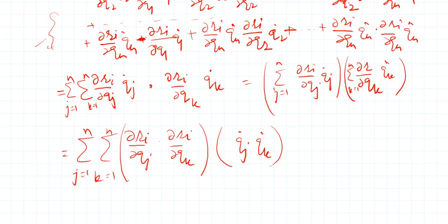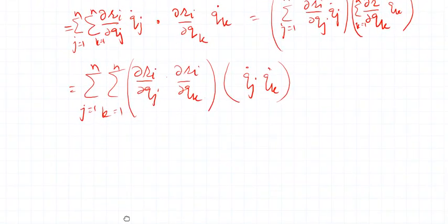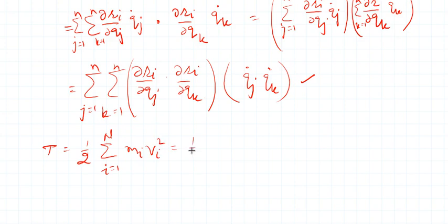Now let me write down the kinetic energy, because I have obtained Ri dot squared. Kinetic energy is equal to 1 by 2 times the summation over i from 1 to n of mi vi squared, or it can be written as the summation of mi Ri dot squared, and the value of this Ri dot squared is this one.